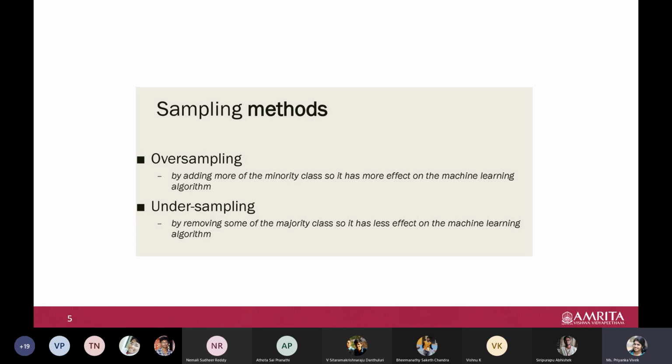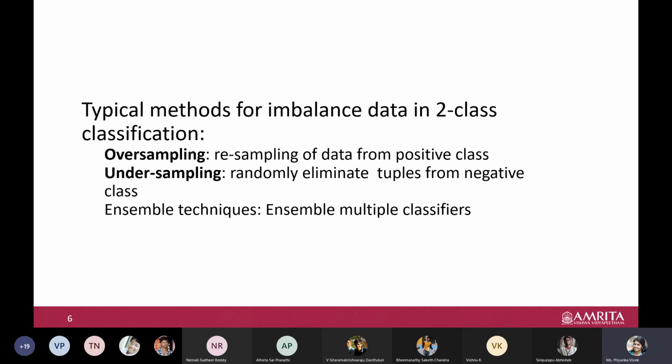Okay, so when you have this oversampling and undersampling, there are some variations in how you do it. Randomly eliminating tuples is undersampling.